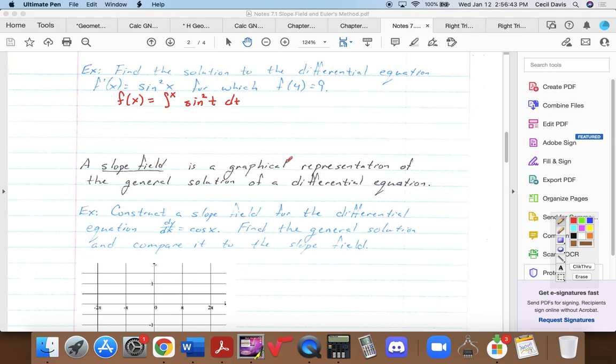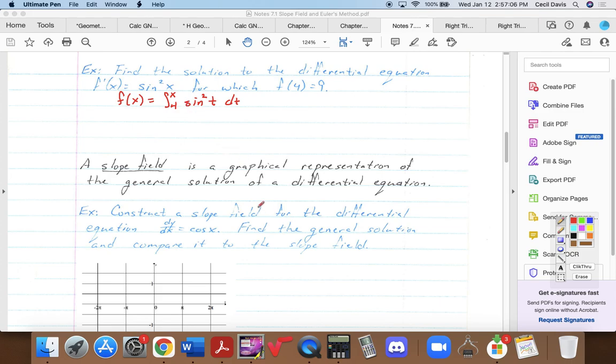Well, I want, when x is 4, for this to be 9. So what I'd like is for this integral to be 0 when x is 4.